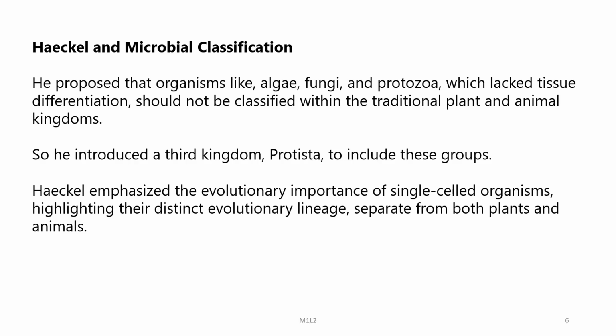Haeckel proposed that organisms like algae, fungi and protozoa, which lacked tissue differentiation, should not be classified within the traditional plant and animal kingdoms. So, he introduced a third kingdom, Protista, to include these groups, which according to him are different from Plantae and Animalia.